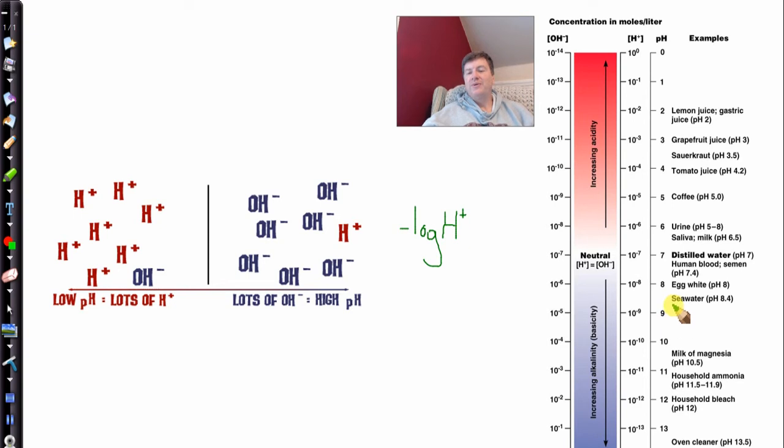All you really need to know is as the pH goes from 7 to 0 or from 7 to 14, it's either getting more acidic or more basic. You'll notice on our scale next to it some common biologics here. You see the pH of blood is going to be 7.4. The pH of urine can range from 5 to 8.